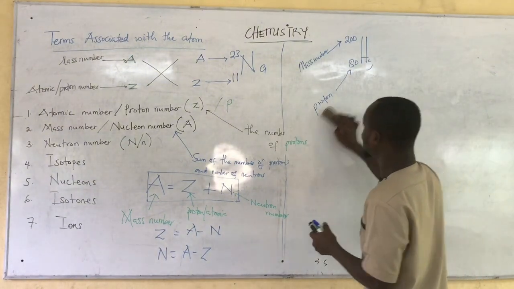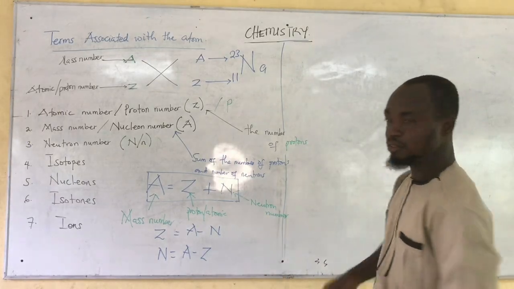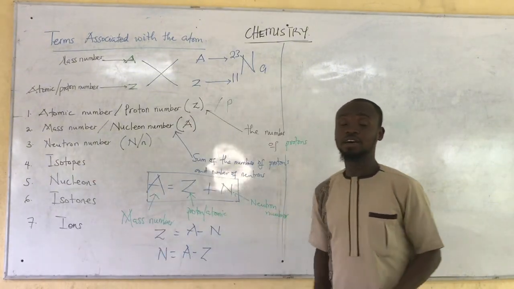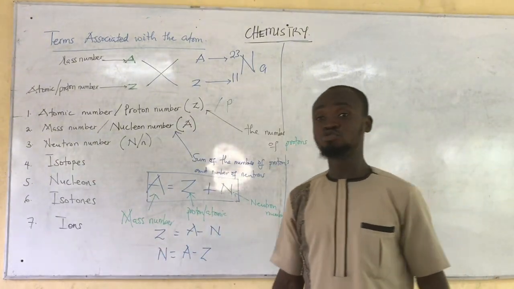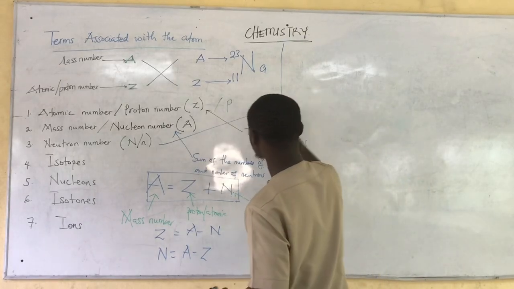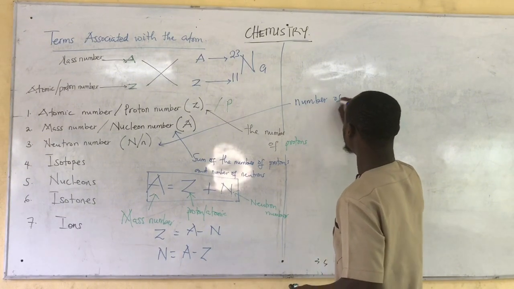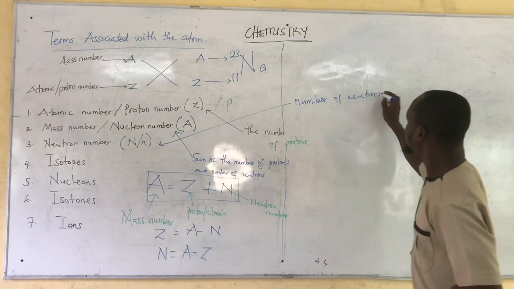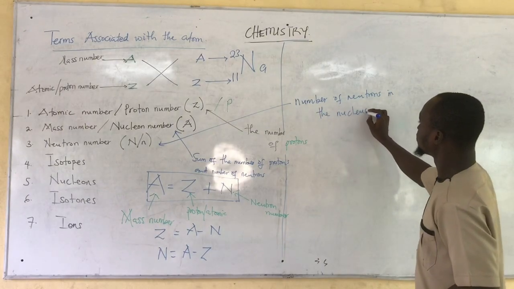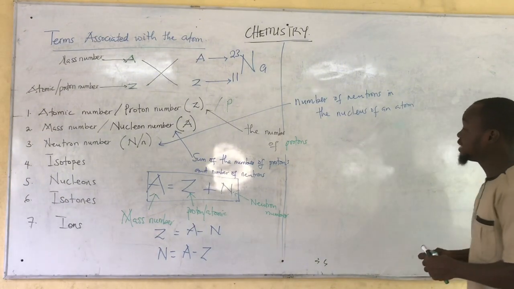Now let's consider the next terminology: the neutron number. What is the neutron number? Simply, it is the number of neutrons in the nucleus of an atom.